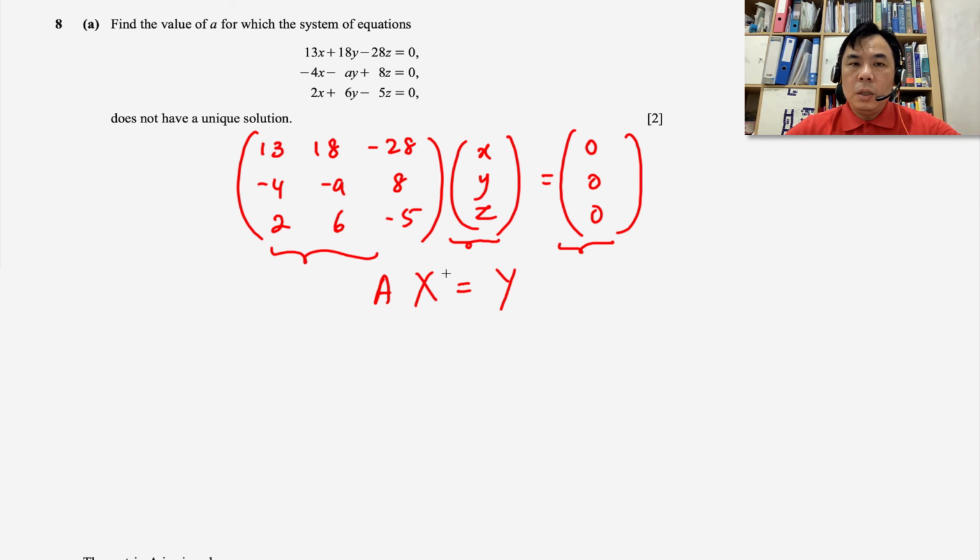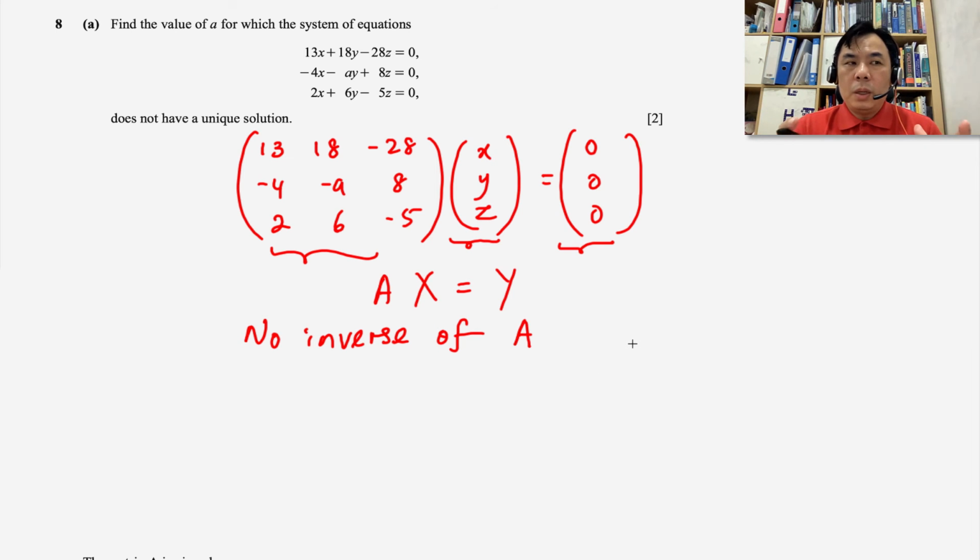And then from here, when they mention that there is no unique solution, it means that we don't have an inverse for A. Therefore, we can't really solve for X and Y. So that is what it means there. So firstly, no inverse of A, or basically the inverse of A does not exist.